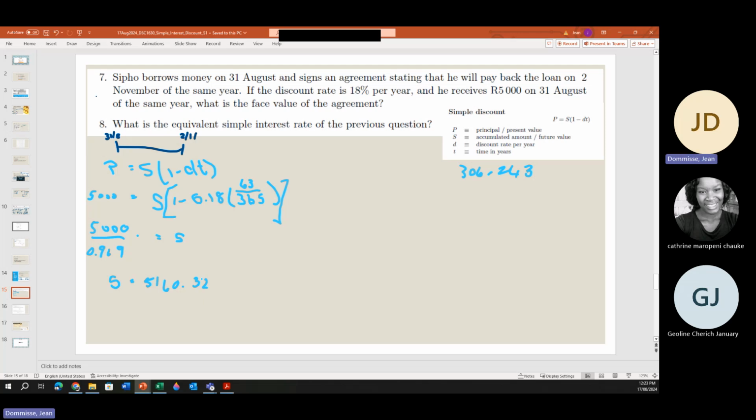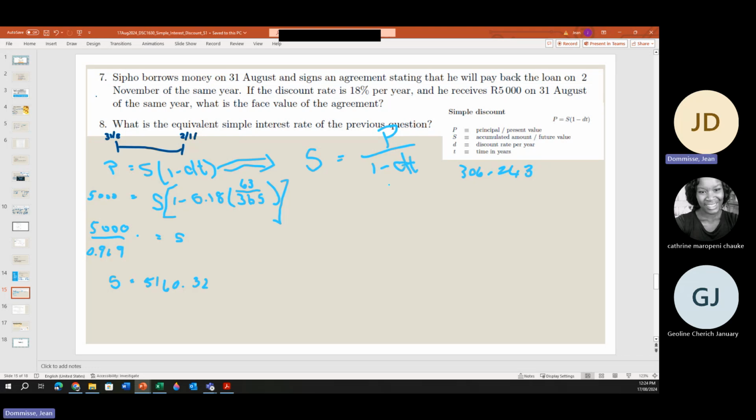Again, you can't use the built-in calculator, because that is only when we work with compound interest. For this one, we first needed to write the formula. Out of this, you can rewrite it into what you need to get the S. So S is equal to P divided by 1 minus dt, you can do it that way as well.